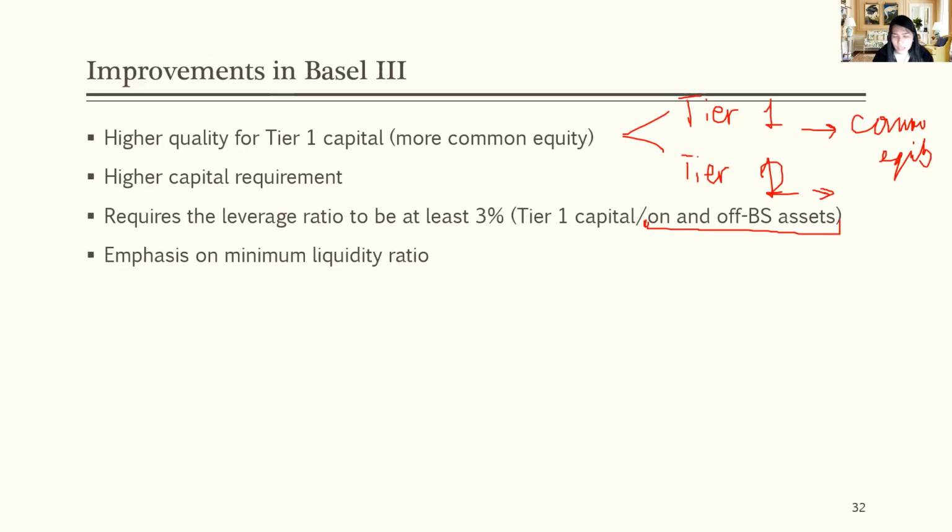In addition, they were required to hold a minimum liquidity ratio to ensure that they have enough liquid assets to meet any short-term liquidity crisis. They have to have a minimum net stable funding ratio as well. So this is to recognize the fact that the short-term funding in the interbank markets could dry up unexpectedly, right?